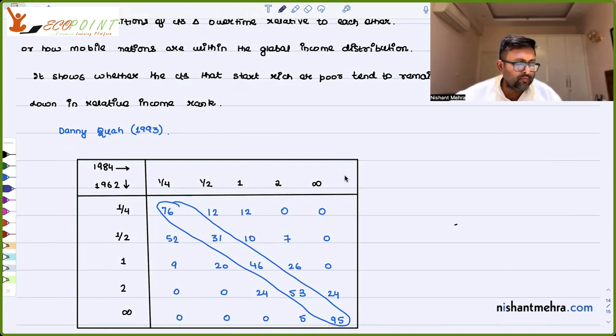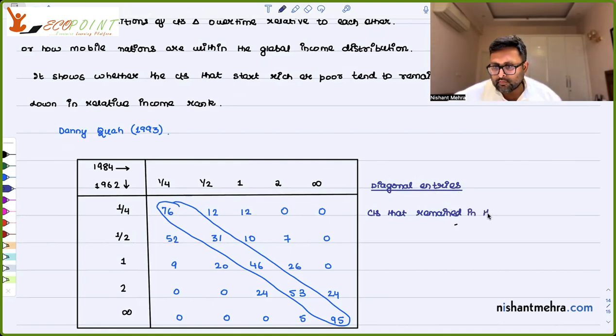So, diagonal entries. Diagonal entries are going to tell you what? That countries that remained in the same relative income category.